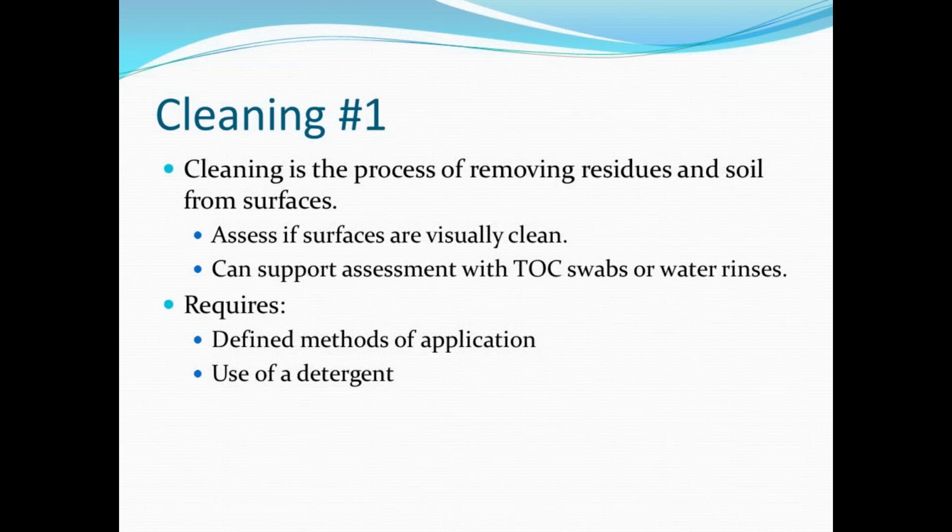And this might be applied more to a piece of equipment, particularly where an item of equipment is being used for different production processes. But in general, for the clean room, then generally a visual assessment of cleanliness is satisfactory. But to achieve this, you need to use a defined method of application together with the use of an effective detergent.